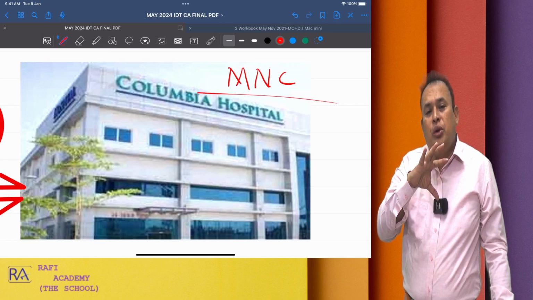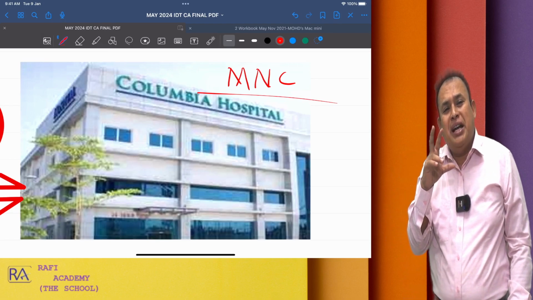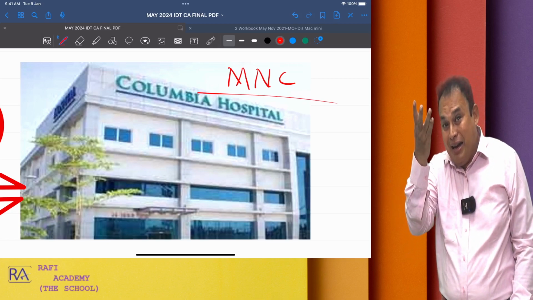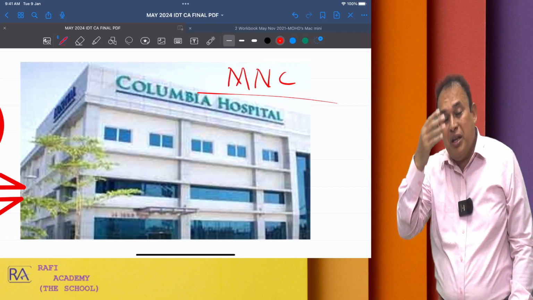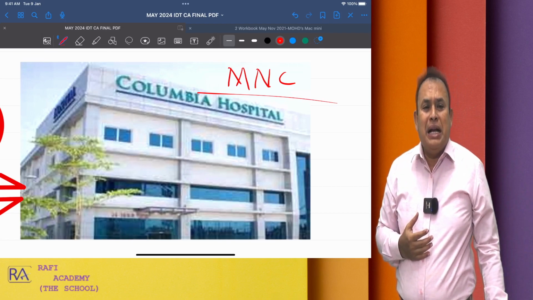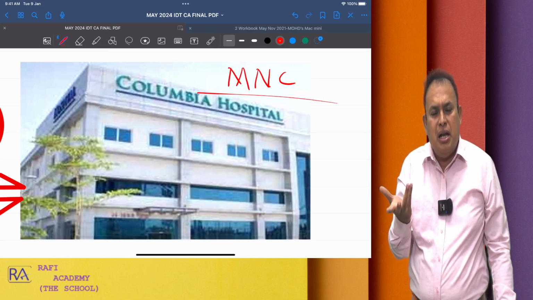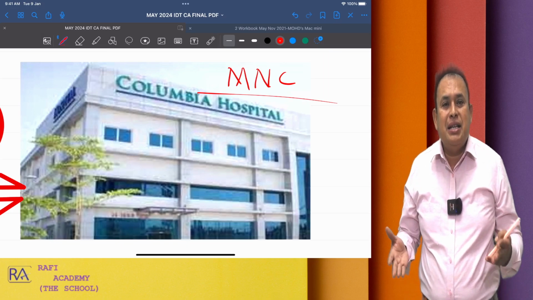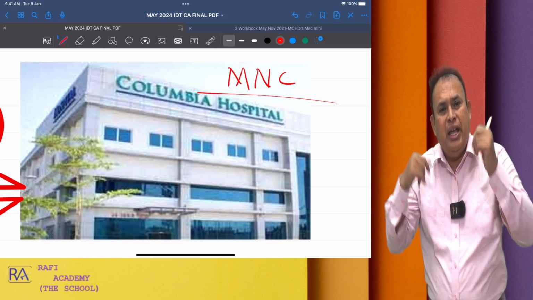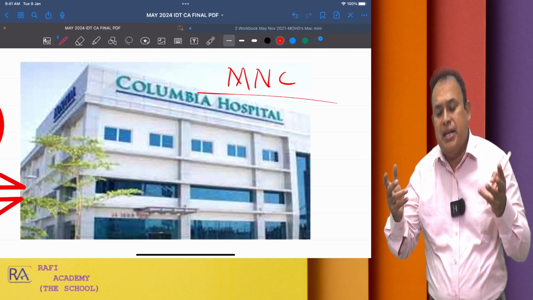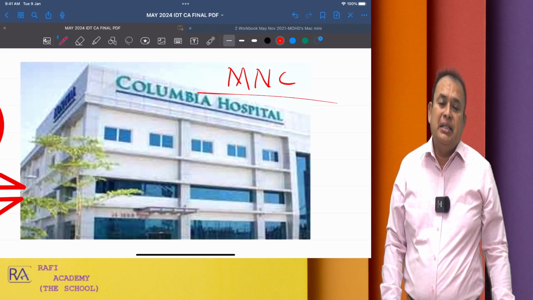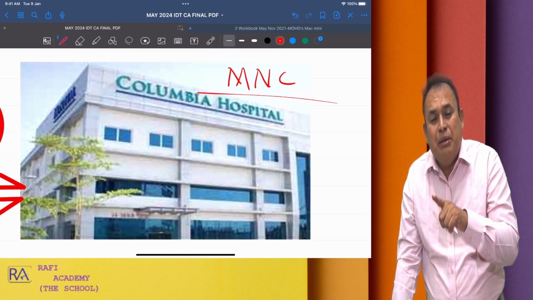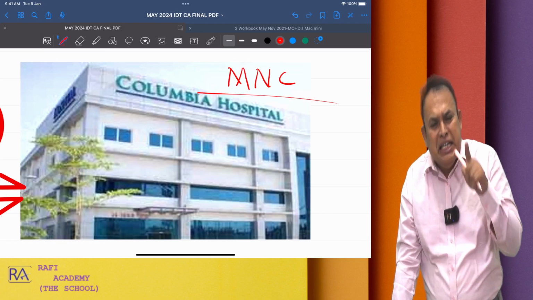Now, the department said, hey Columbia Asia Hospitals Private Limited of Bangalore, Karnataka, you supply manpower services to your other branches and charge for it. Applicable GST, you have to pay the GST. Columbia Hospital says, I send my employees to my own branches only, not providing any services to outsiders. Here the law of the land says, hey Mr., supply between distinct persons, even without consideration.